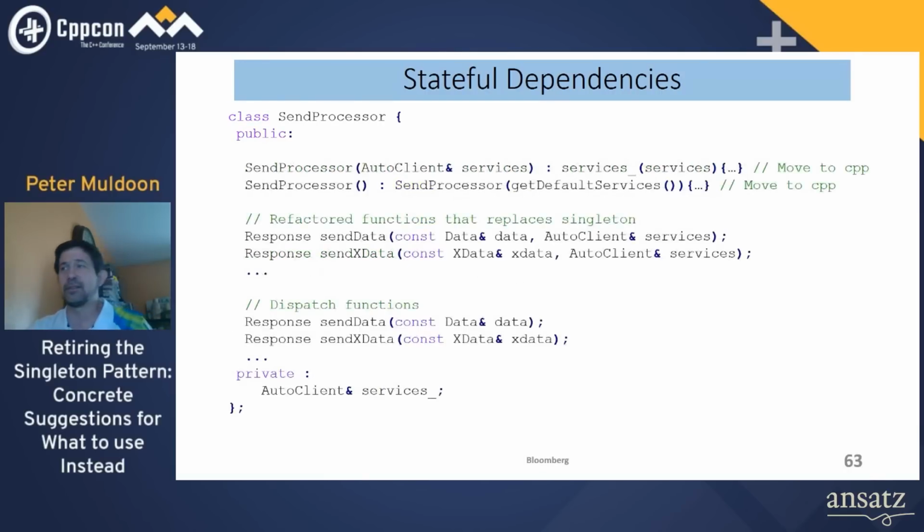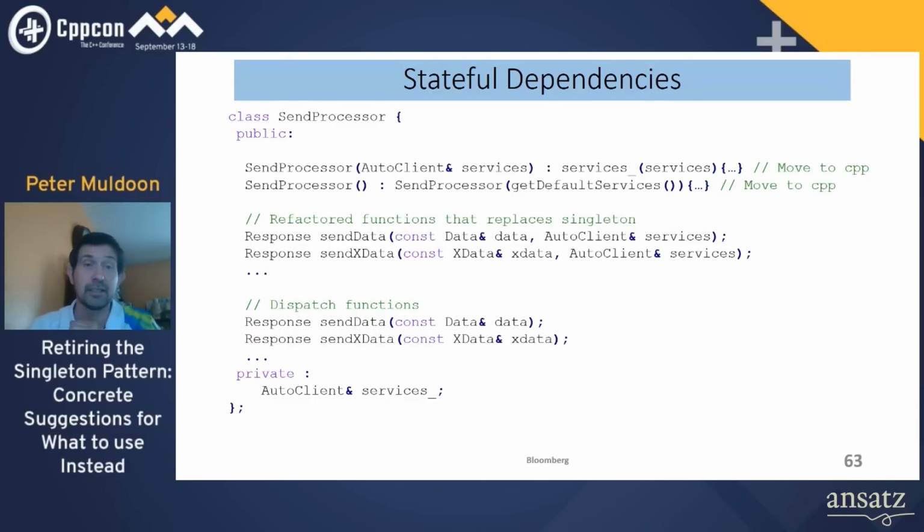So what I'm going to do instead is capture that services in the constructor. So I'm going to have a default constructor. That default constructor is going to, here we use a delegating constructor from C++17. If you didn't do that, you would just have a setup function inside. But either way, the services is initialized via the constructor.